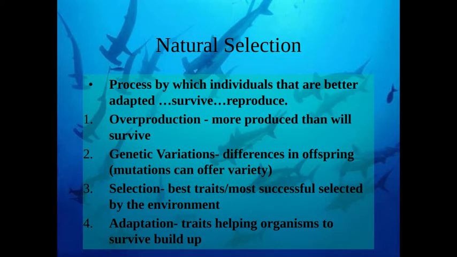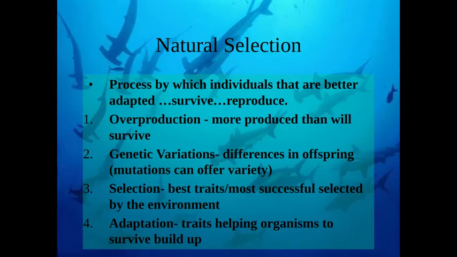So there are four ways that this can happen. Overproduction is one way, and it means an animal produces more offspring than can survive. So only the best traits are going to be the ones that live on. The rest will die, probably because they're eaten or they get sick or whatever. Genetic variations, so differences in the offspring.